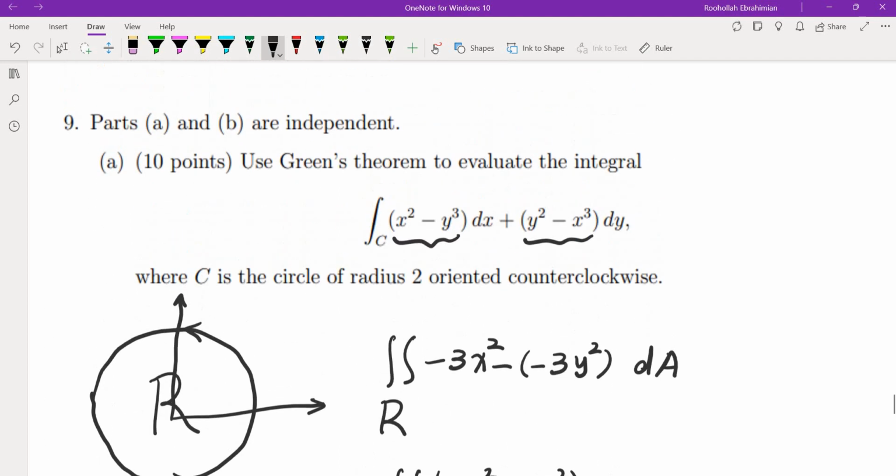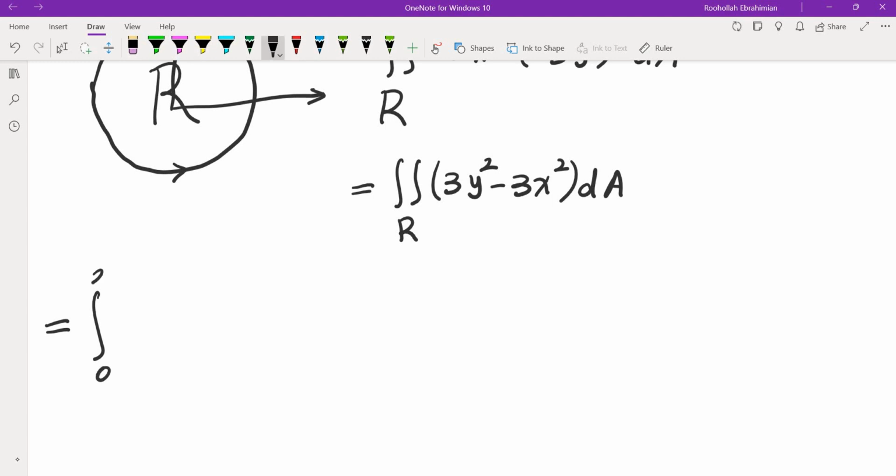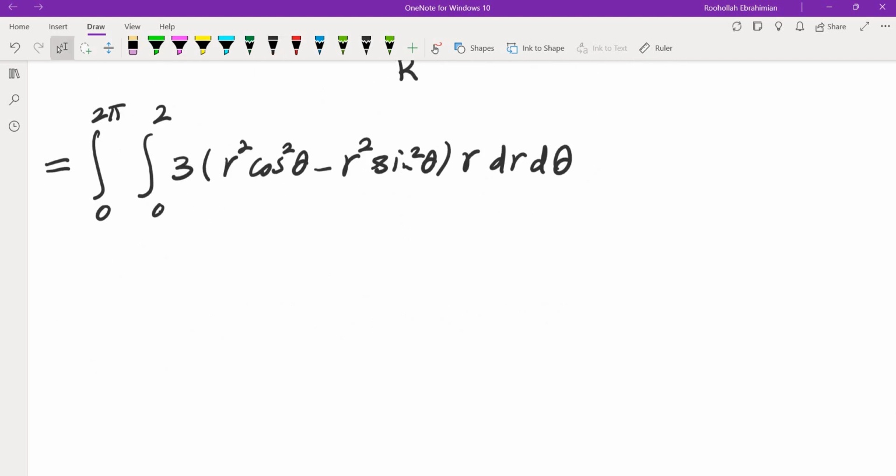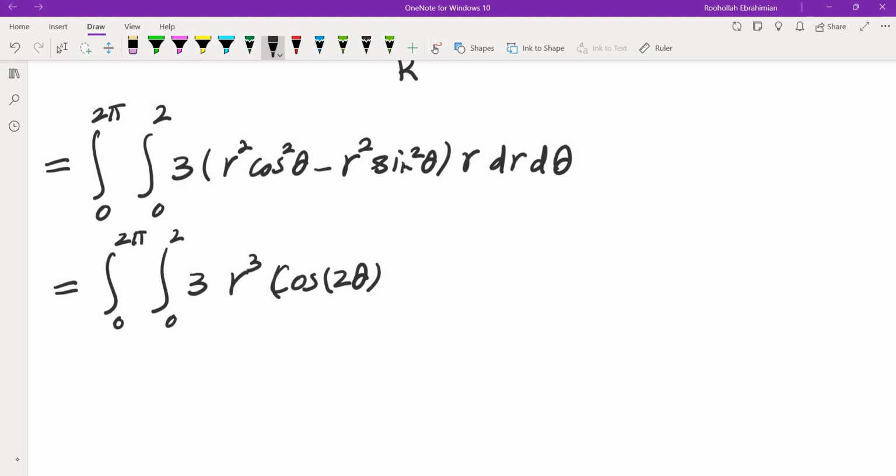Radius is given as 2, so theta from 0 to 2 pi, r from 0 to 2, 3 times r squared cosine squared theta minus r squared sine squared theta, r dr d theta. By the half angle formulas that we have used in class, we can get that to 3r cubed times cosine of 2 theta.